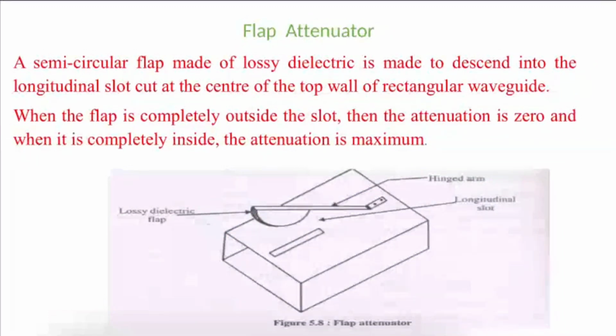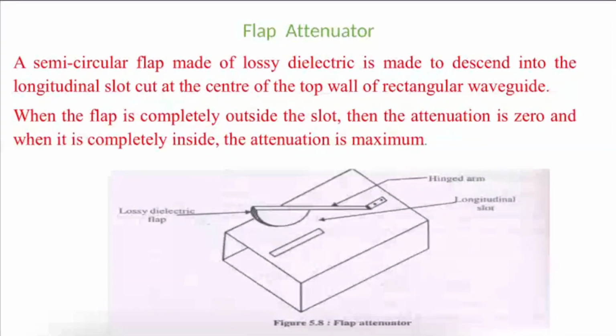The name flap is given due to the reason that there is a flap implemented on the waveguide structure, and depending upon the movement of this flap, the level of attenuation will vary. For example, take your classroom or any room which has about 4 windows.